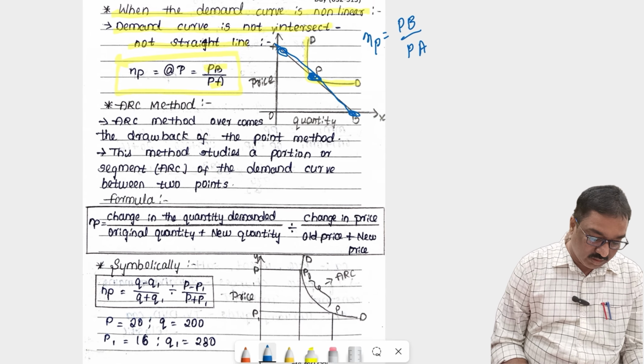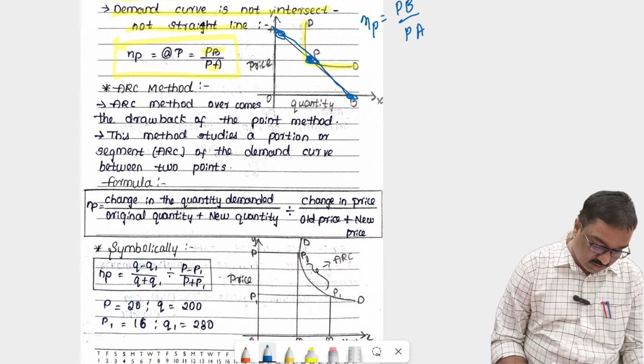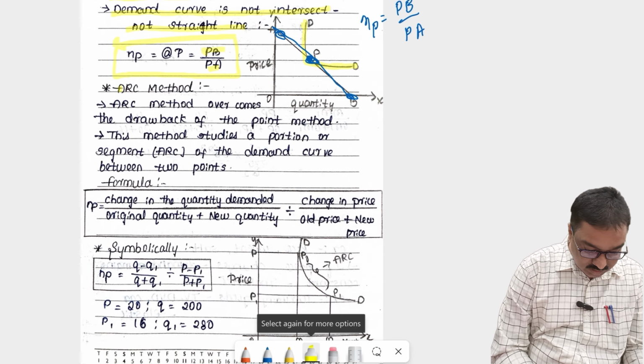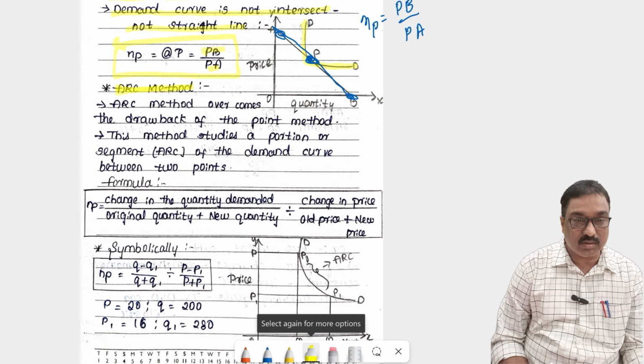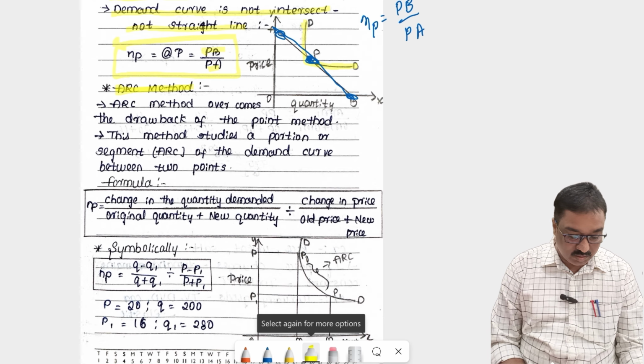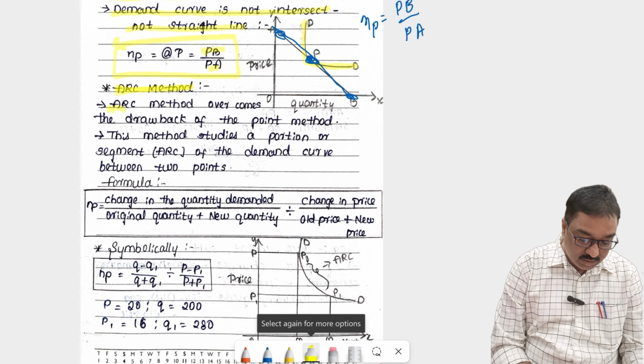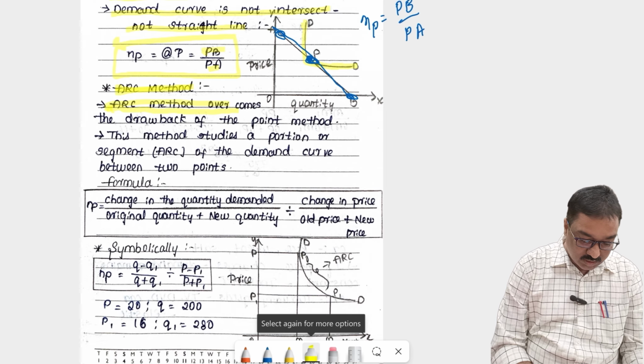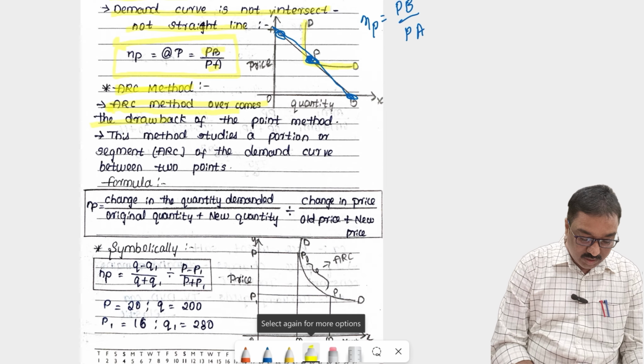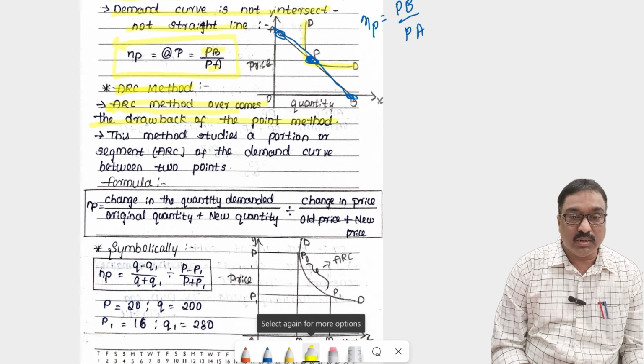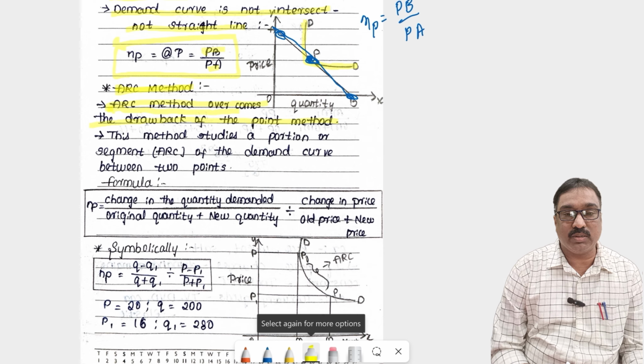Okay. And what is the arc method? Another important method, the arc method. Listen here. The arc method overcomes the drawback of the point method. Because there is a drawback in the point method, to overcome that drawback they introduced the arc.